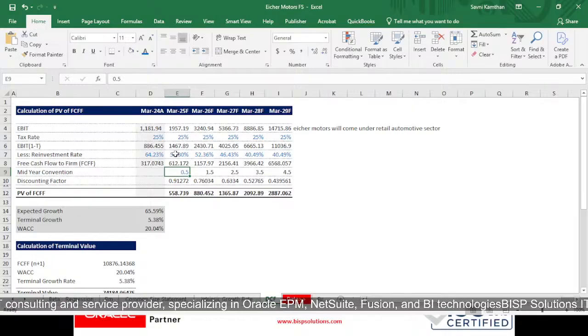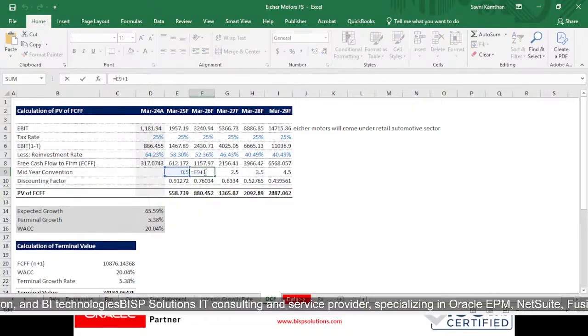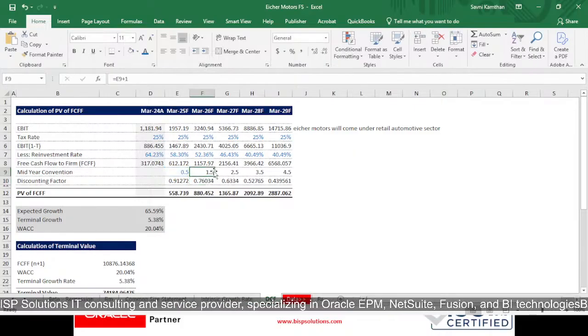Now coming to our mid-year convention. In mid-year convention we are not doing 1 year's calculation, we are taking it for 0.5, which is mid-year, right? So for that 0.5, we will be doing plus 1 in our 0.5 mid-year convention and dragged it till the end, right?